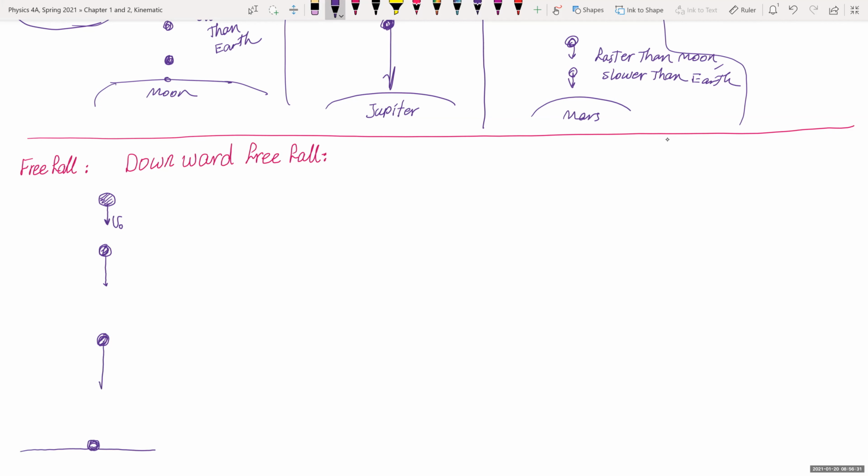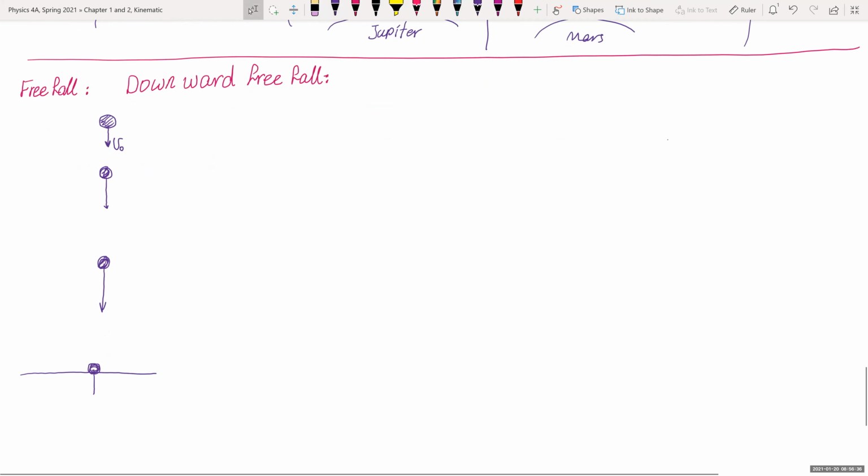While it falls, speed, of course, increases. So for example, if I say initial velocity is 2 meters per second, and then velocity here is 5 meters per second, and then velocity here is 20 meters per second, and then when it hits the ground, velocity is like 40 meters per second, for example.